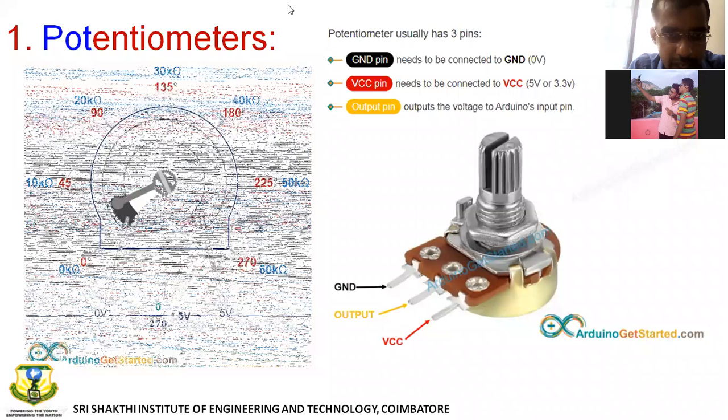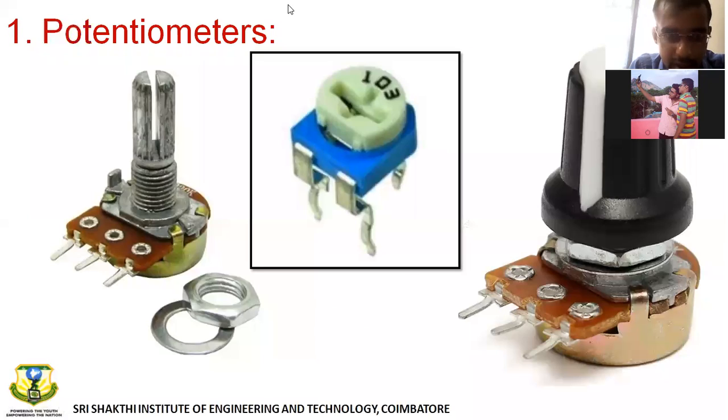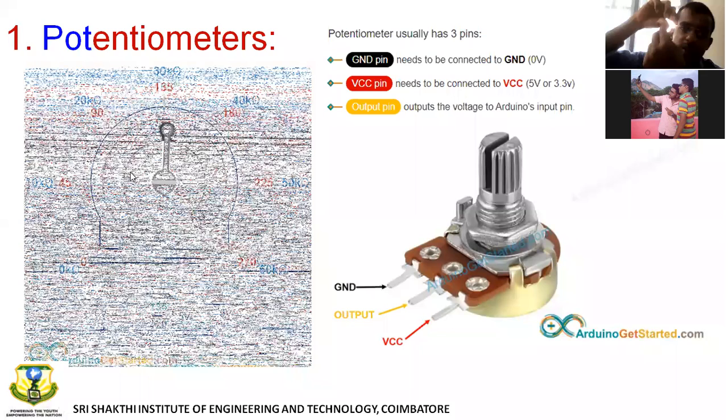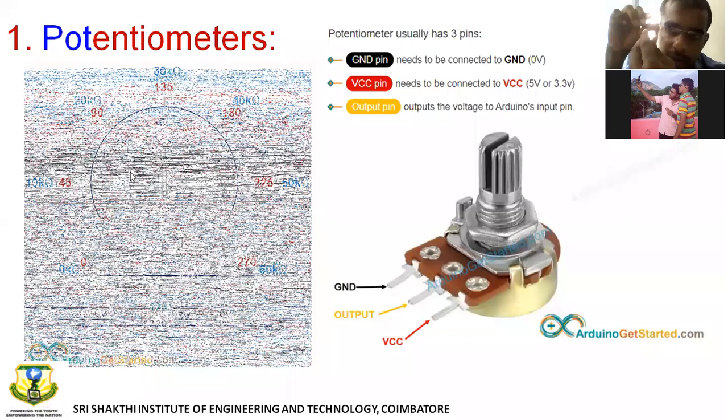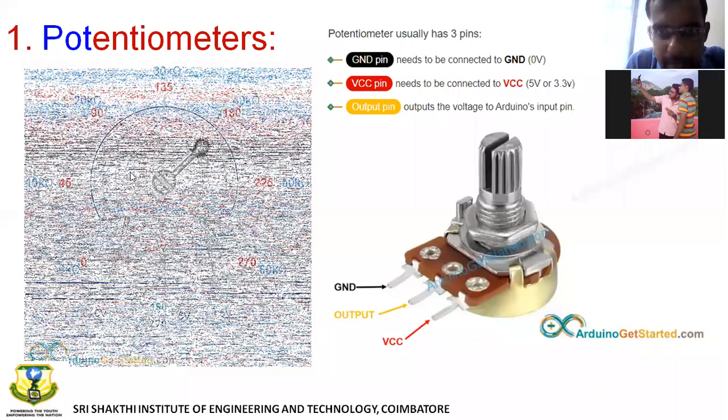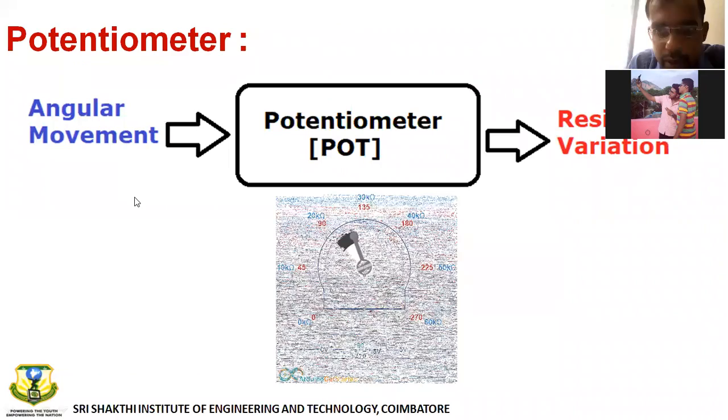For example, the last one is 60 kilo ohms and the first one starts with 0 kilo ohms. As I vary it, movement is converted to resistance. So this is understood. Resistance variation.